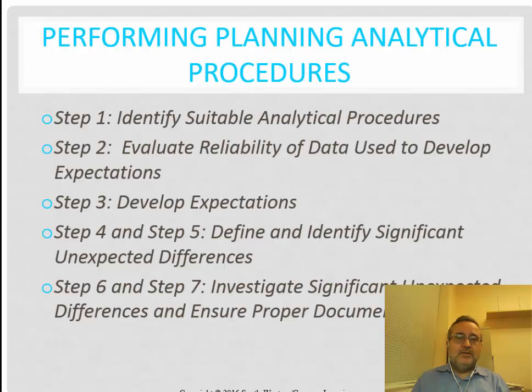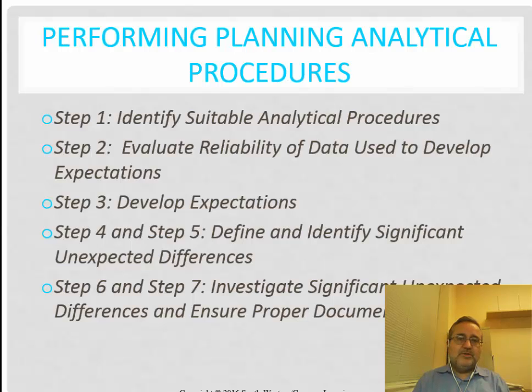So let's now talk about analytical procedures. So we're talking specifically related to analytical procedures that help us assess the risk of material misstatement. We talked about a couple of things earlier, but let's identify some very specific steps that we need. We need to identify suitable analytical procedures.